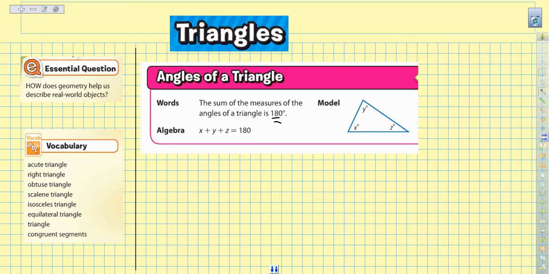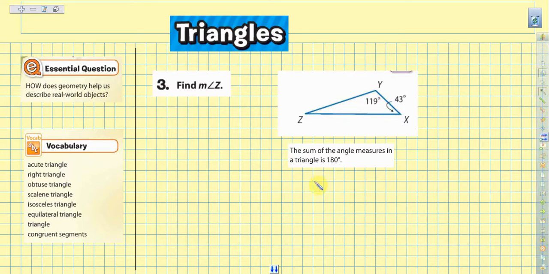So let's find out how to solve for an angle in a triangle. I need to find the measure, that's what this means here, the measure of angle Z. Angle Z is right here. So I know that if I take 119, 43, and the measure of angle Z, and I add all those up, it equals 180 degrees.